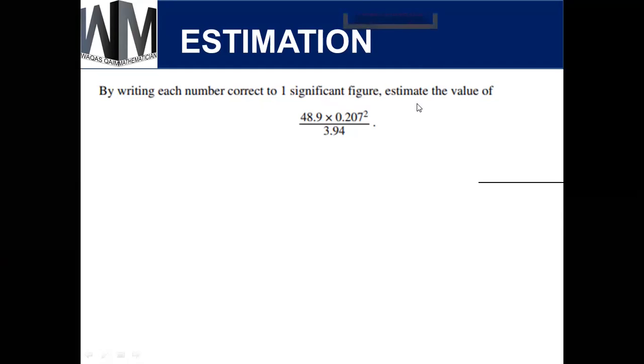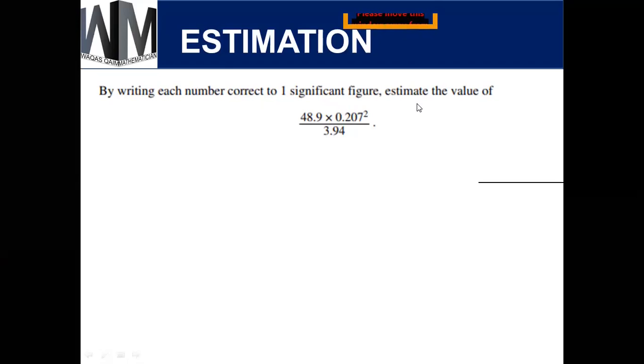Now here, two things must be remembered. The first thing is that we have to write each number to one significant figure. And the second thing is that we are going to estimate this expression.